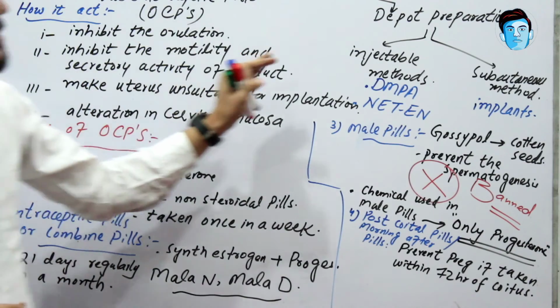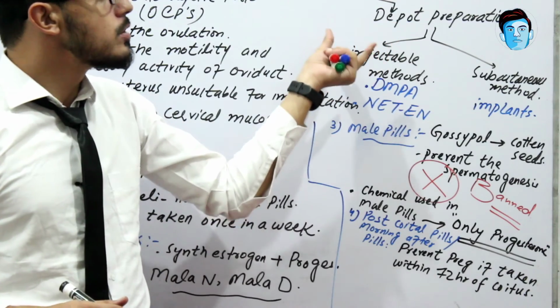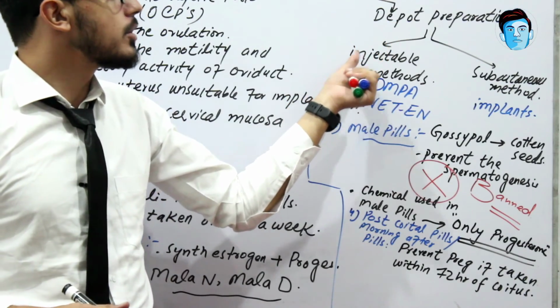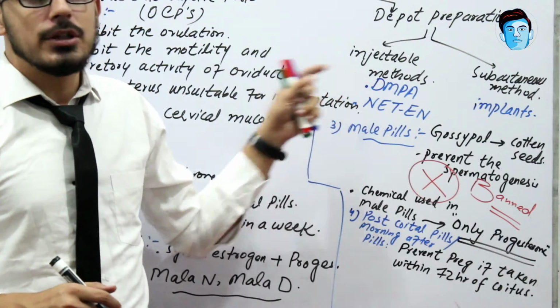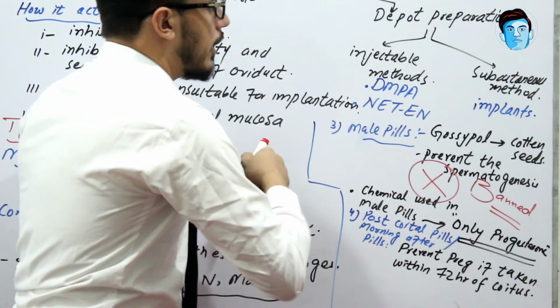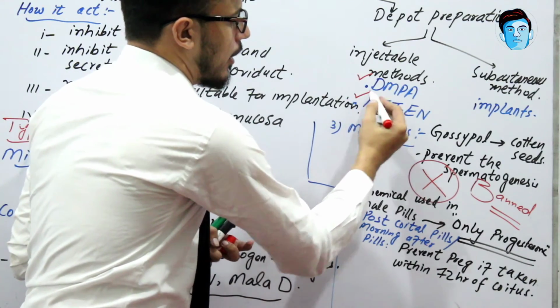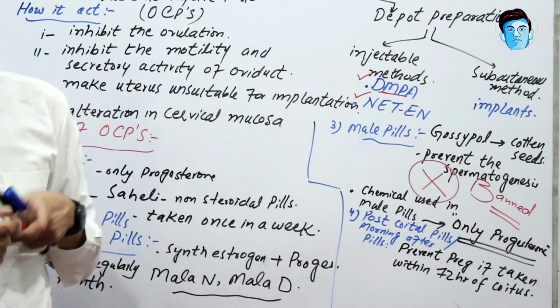Now let's understand the depot preparation. Depot preparation is divided into subcategories: the injectable method and subcutaneous implants. The injectable method further consists of two groups, DMPA and NET-EN. We will be discussing DMPA more because it is important.